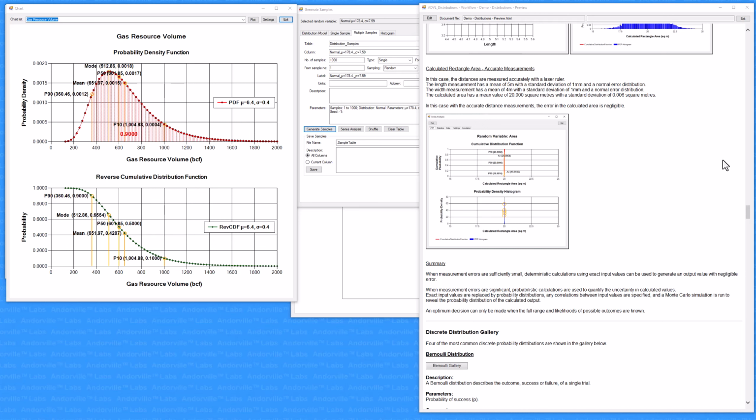Exact input values are replaced by probability distributions. Any correlations between input values are specified, and a Monte Carlo simulation is run to reveal the probability distribution of the calculated output. An optimum decision can only be made when the full range and likelihoods of possible outcomes are known.